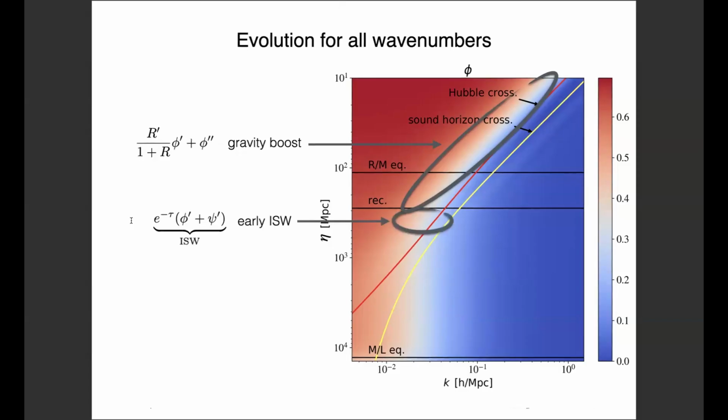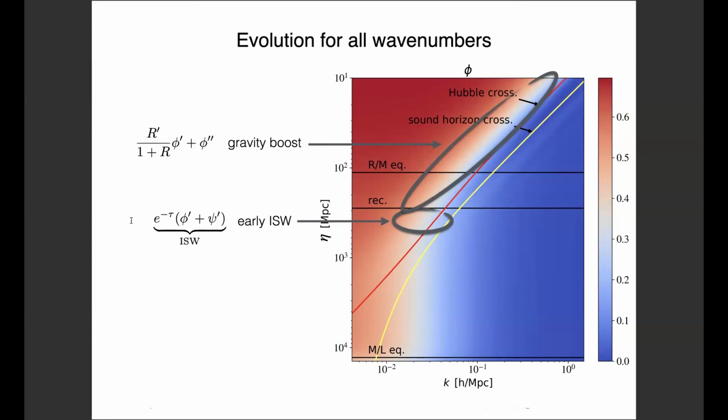However, there is still a small gradient here for modes that cross the Hubble radius soon after recombination, because these modes live at a time which is not very far from the time of equality. And for this reason, phi is not completely stabilized by the argument of linear growth of matter during matter domination.